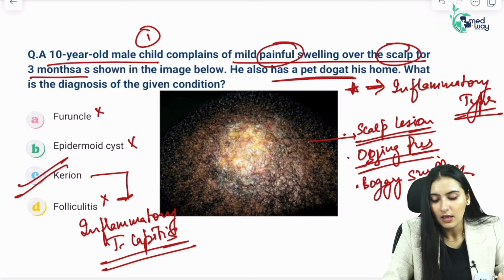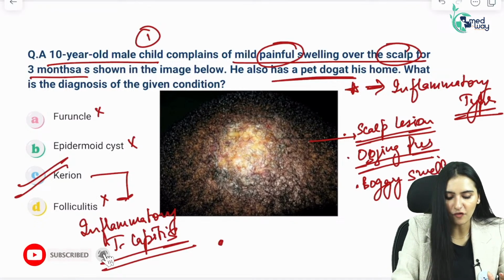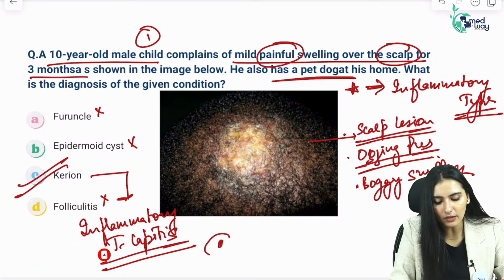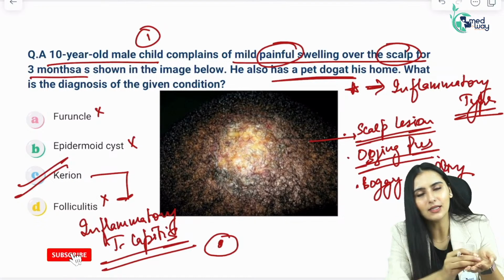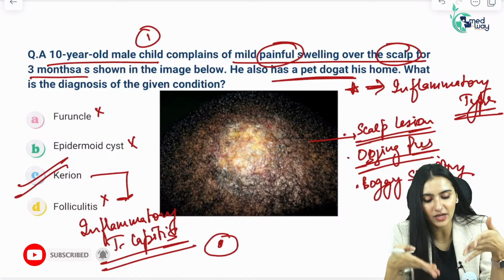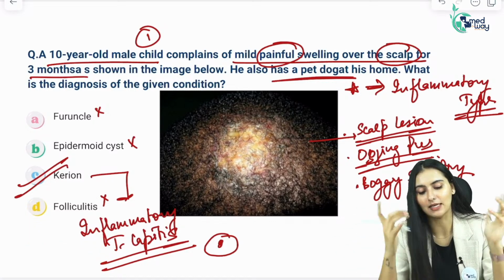What is a furuncle? That hair follicle along with the surrounding tissue becomes a furuncle. Only the hair follicle is folliculitis. This is definitely much bigger. It is on the scalp. There is a boggy swelling. There is oozing. It is kerion.